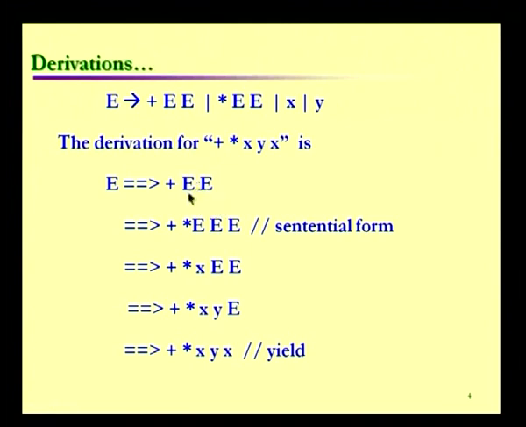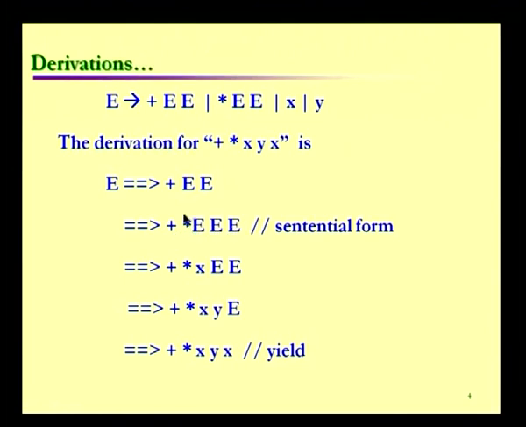Either you can start with the expansion of the first E or the second E, but here we have selected only the leftmost E. Even though both E's are eligible for expansion, we have selected only the leftmost E. This is getting expanded to star E. But if I select the rightmost E for expansion, then the resulting sentential form is going to be plus E followed by star E. Since we have taken only the leftmost E for its expansion, we have the sentential form plus star E followed by another E.